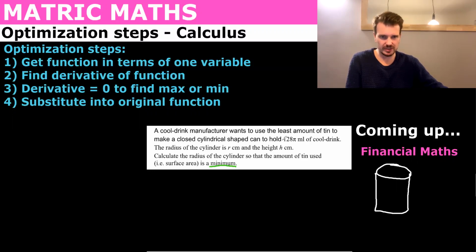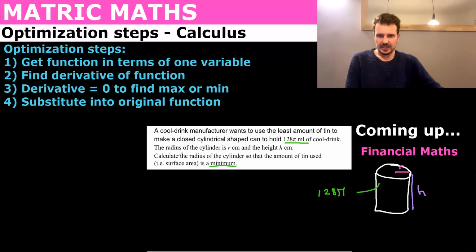So basically this tin here has to contain 128 pi milliliters. The radius is r, so let's draw that in pink as r. And the height is h. So this is a question where we've got two variables, r and h.